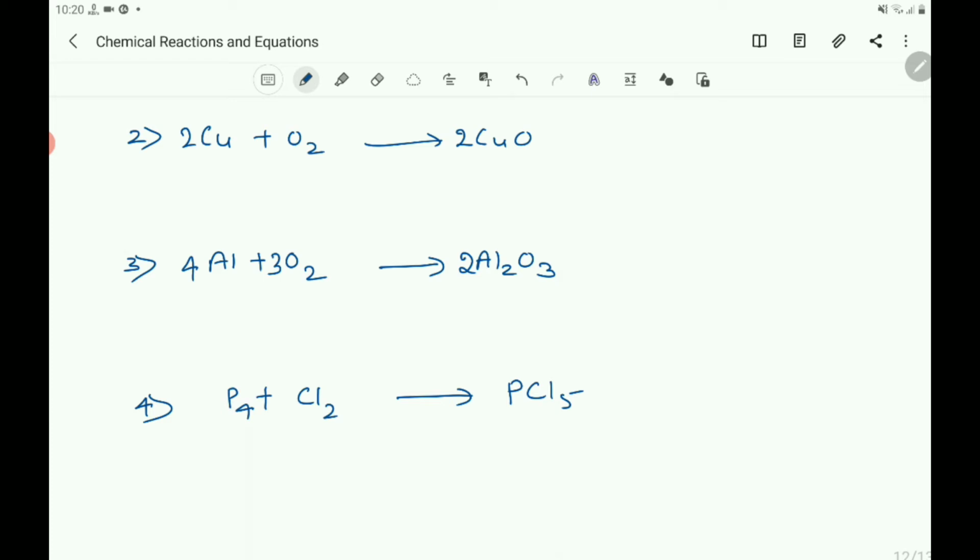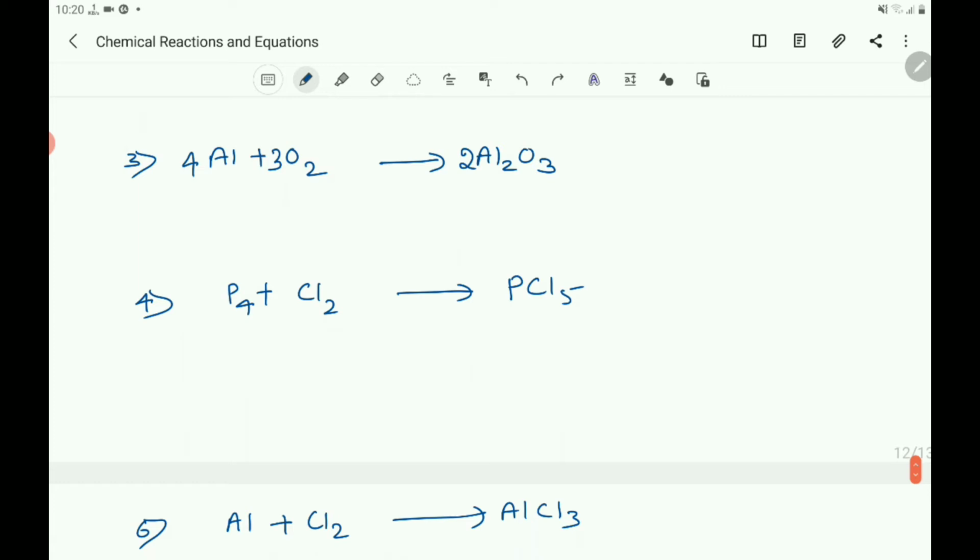So you got 4Al plus 3O2 gives 2Al2O3, which is a balanced equation. Here 2Al2 means 4 aluminium atoms, they are equal. 3O2 means 6 oxygen atoms and 6 oxygen atoms here.